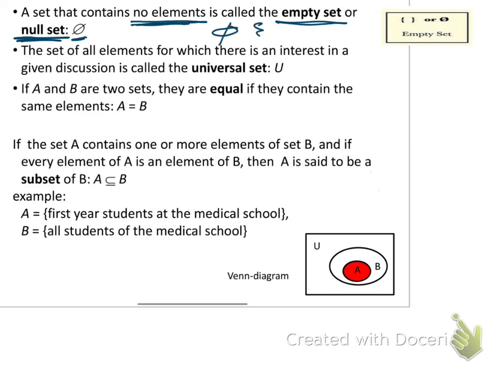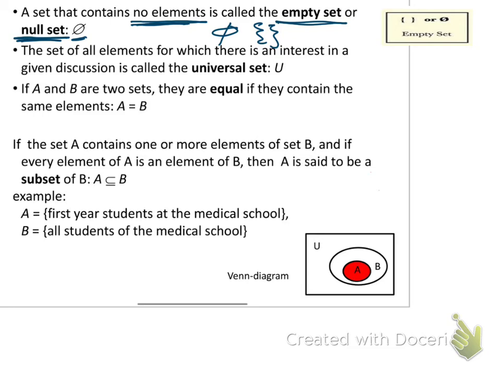It could be written as phi or as empty brackets, or empty parentheses. So phi means empty set, no elements inside it, or two open brackets or parentheses with nothing inside them. These are the empty sets.